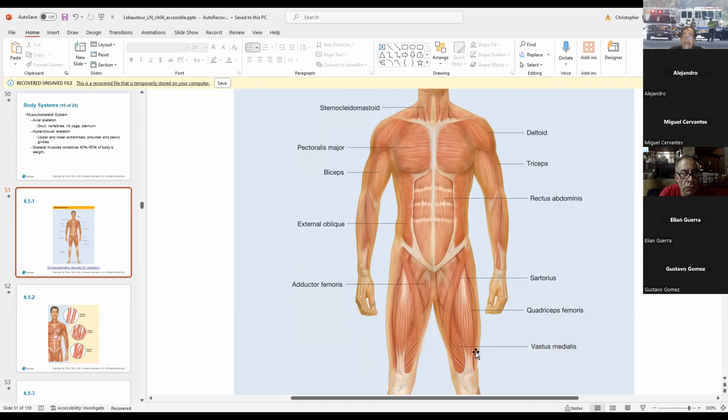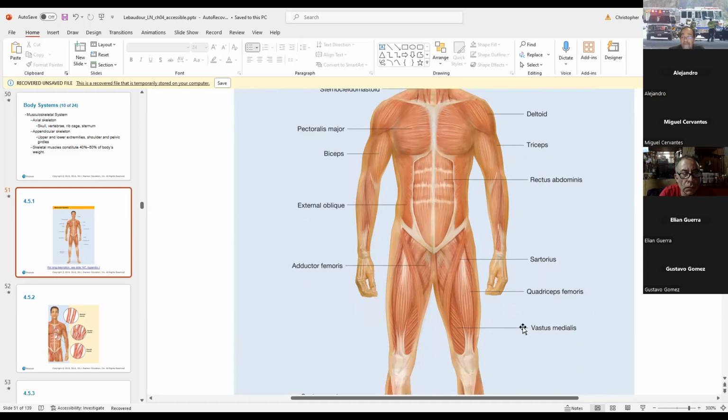And medialis means what? It goes towards the middle. Adductor femoris, which is basically a femoral muscle that causes adduction. And we'll go over adduction and all those neat little terms later on.